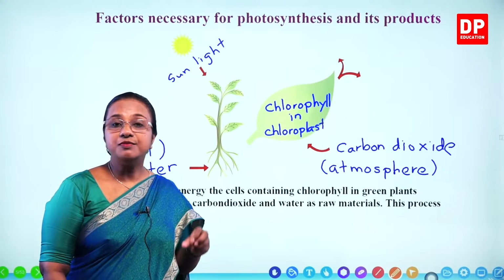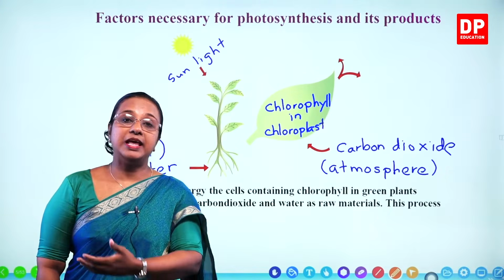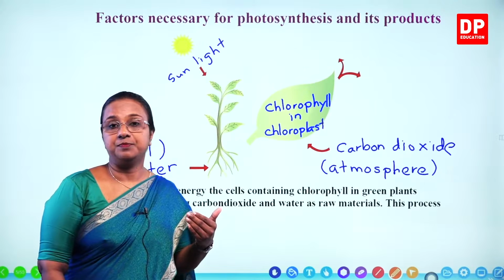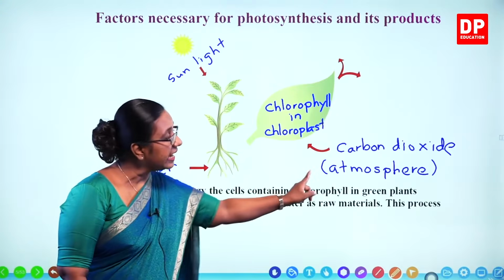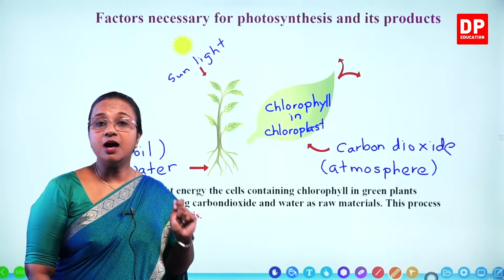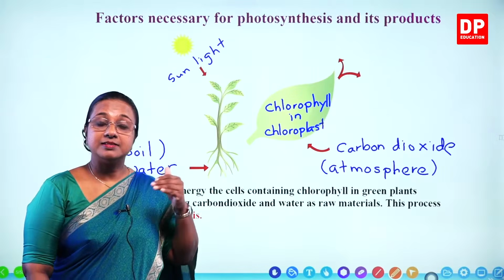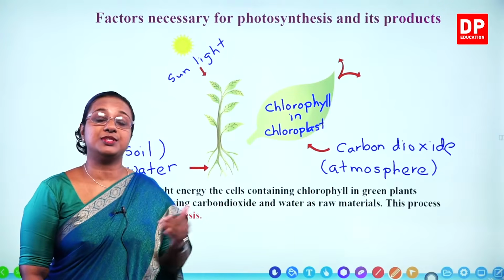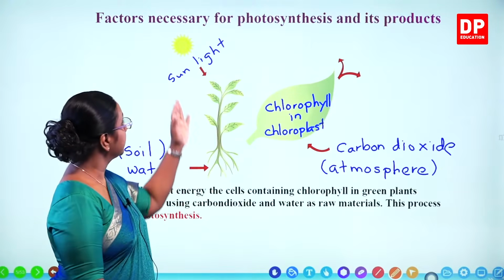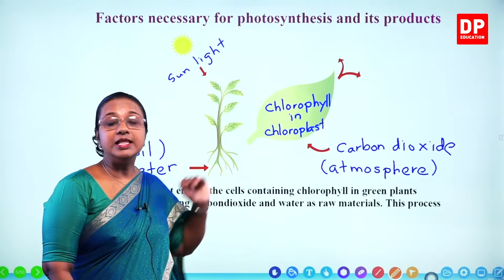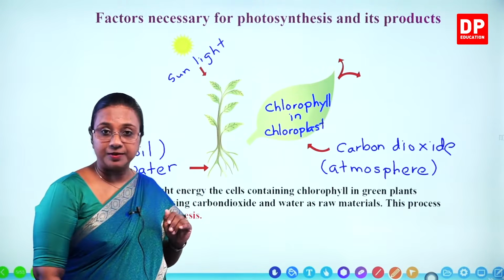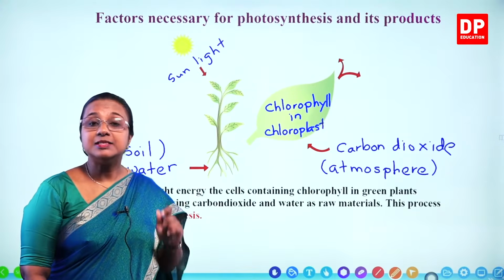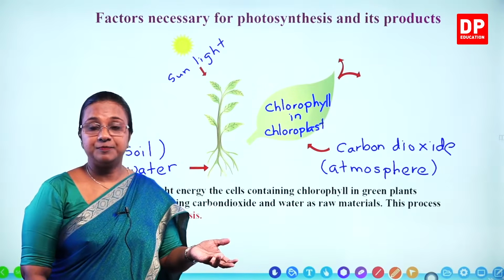These are all factors that are obtained externally. And out of these 3, water and carbon dioxide are raw materials because they will be used to produce the food in the presence of sunlight within the chloroplast that contains chlorophyll.